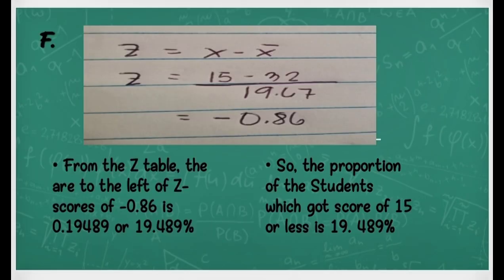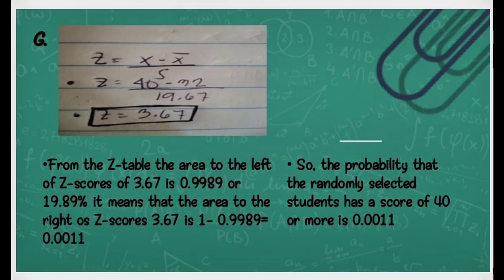Letter F. The formula is z equals x minus x bar divided by the standard deviation. x is 15, x bar is 32, standard deviation 19.67 will result to negative 0.86.